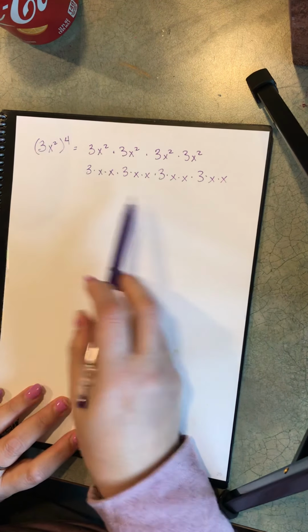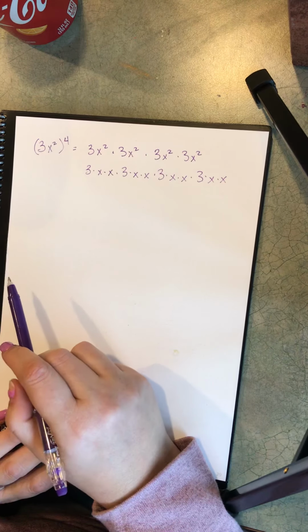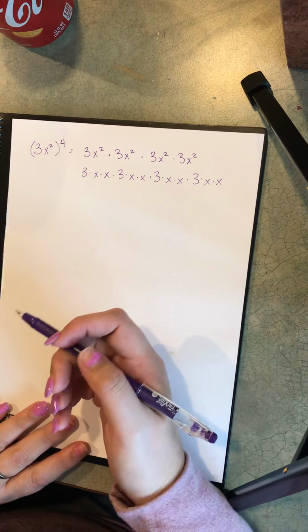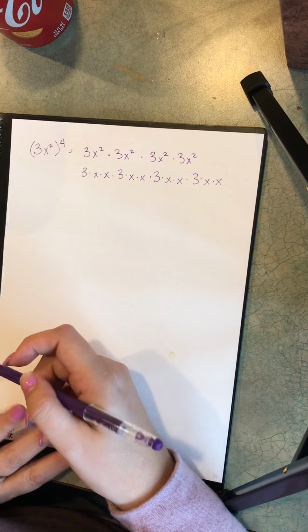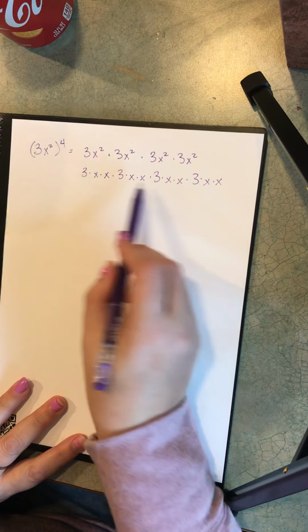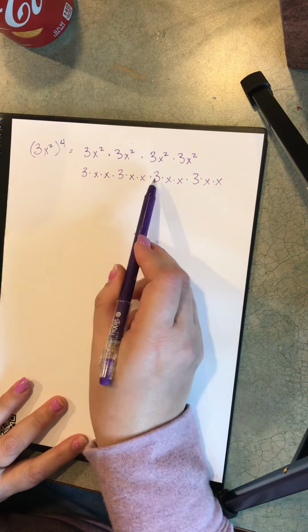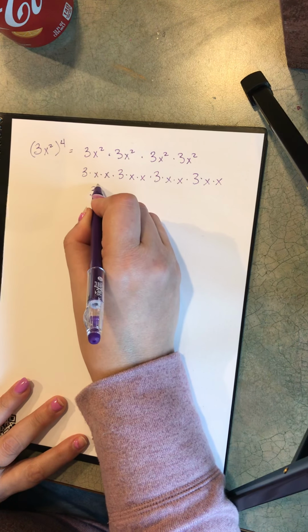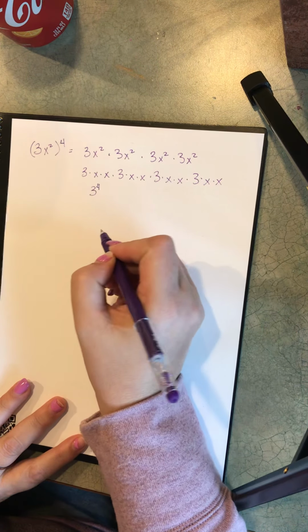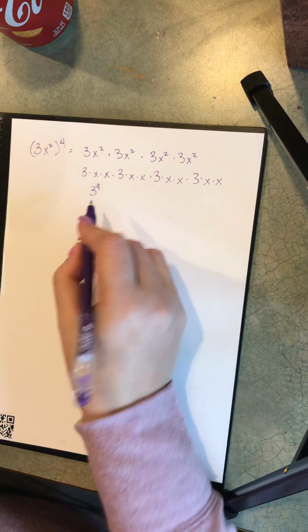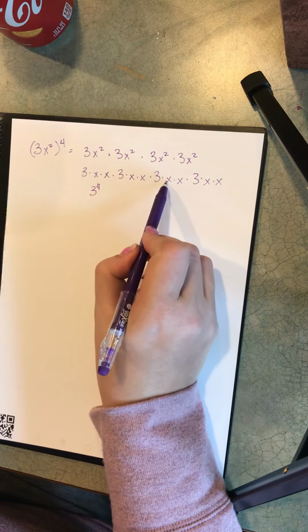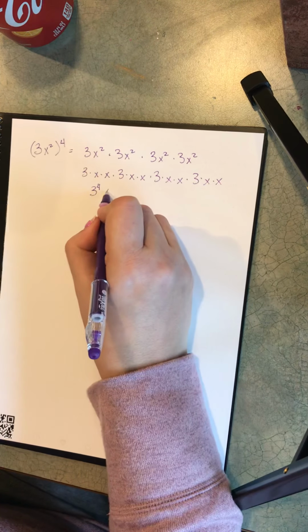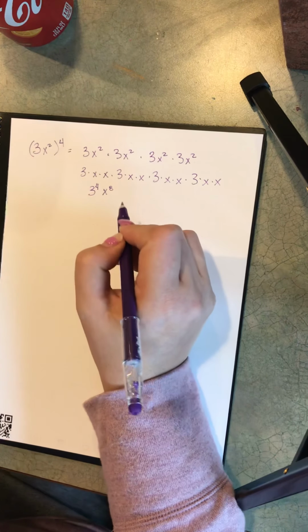So you can see we can write this out in expanded form, but it's pretty long and tedious, which is why knowing those rules can sometimes make things a little easier. But in my expanded form, I see that I have 4 3's, so 3 to the 4th power. And I have 1, 2, 3, 4, 5, 6, 7, 8 x's, so x to the 8th power.